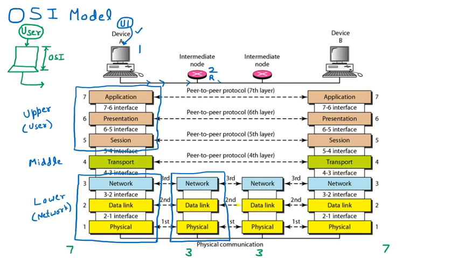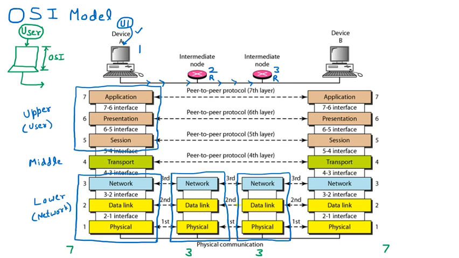Again, data is moving further from one router to another router, and we have device 3, where one more router is there, and a router is a network device which works on the lower layers. So obviously the 3 layers are required here; only lower layers are required.